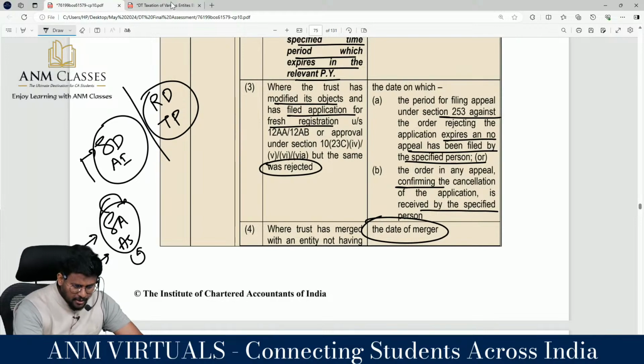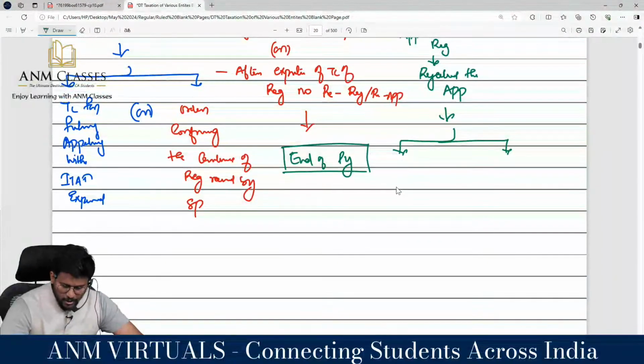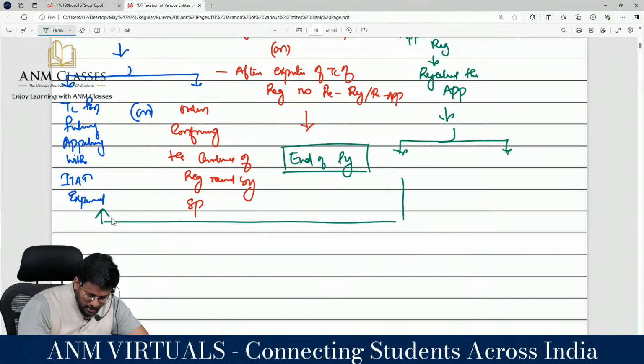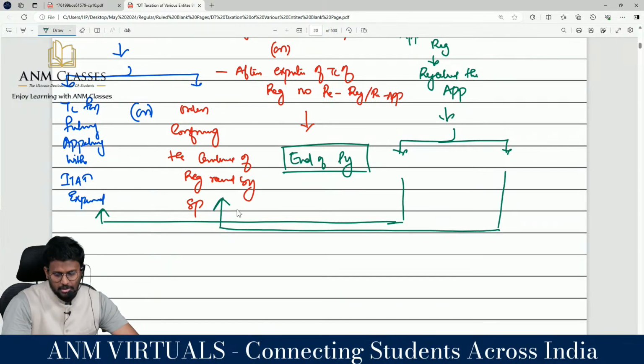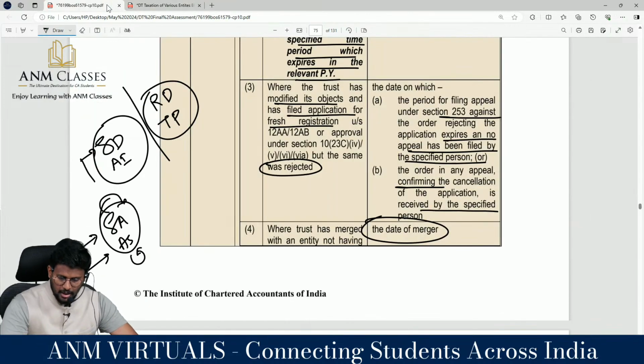The same time limit applies: the time limit for filing appeal with the ITAT should expire, or once you get an order confirming the cancellation of registration received by the specified person, this time limit will be applicable.